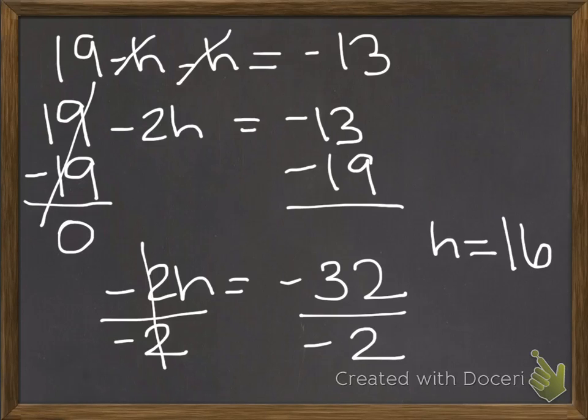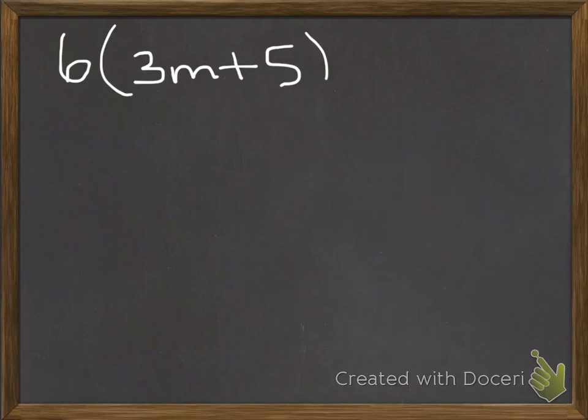So let's do another one that uses the distributive property. Another common error that I saw on our quiz on Friday was using the distributive property but not actually distributing the number outside of the parentheses to both numbers inside.